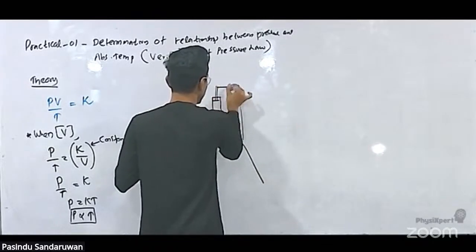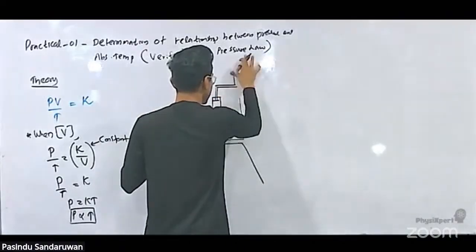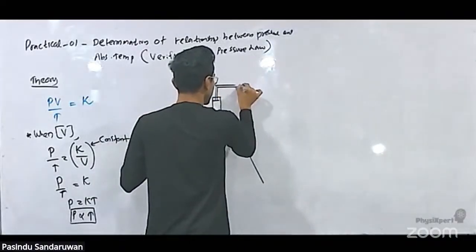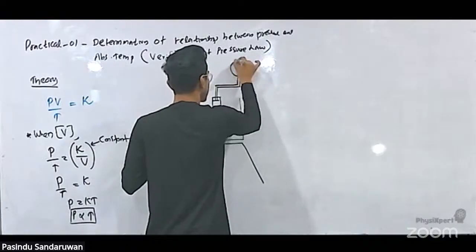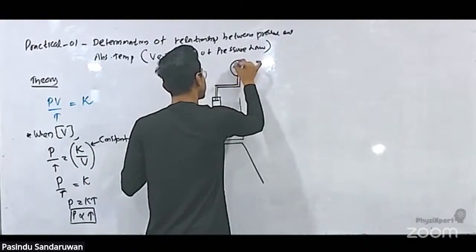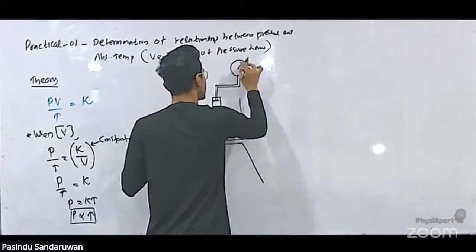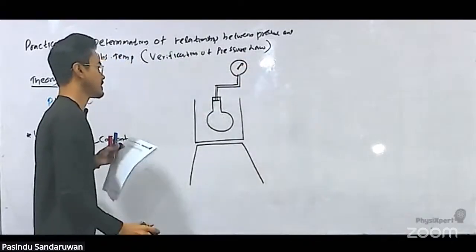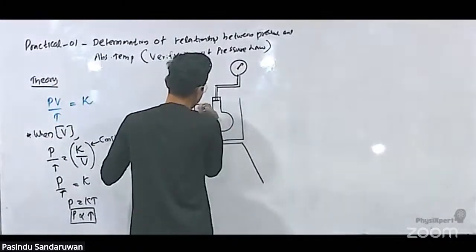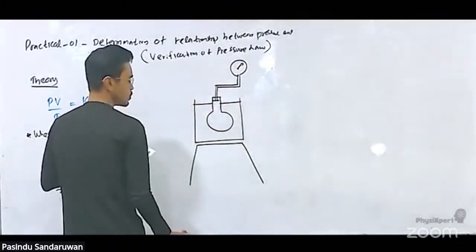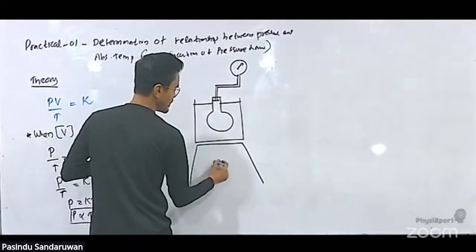To this capillary tube, a pressure gauge is connected. This is filled with water like this. And to change the temperature, we have a burner here, a Bunsen burner.